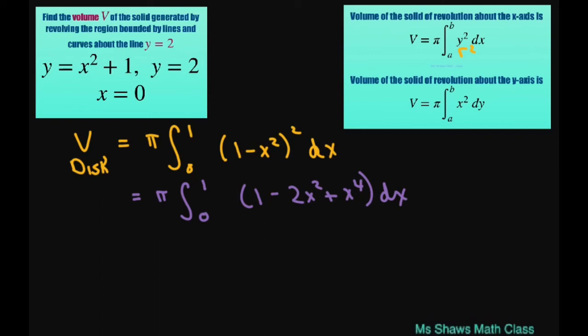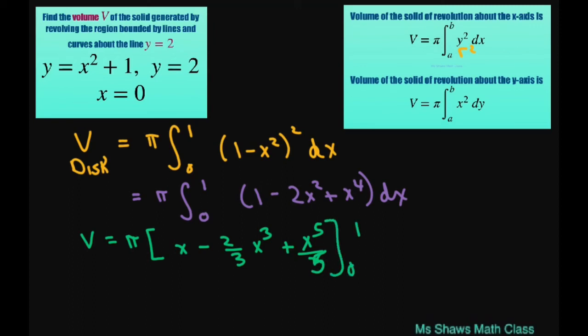When you integrate this, you're going to get volume equals pi times x minus 2 divided by 3 x cubed plus x to the power of 5 divided by 5. And this is from 0 to 1. So we only have to look at this 1 here, because you substitute in 0, go to 0.